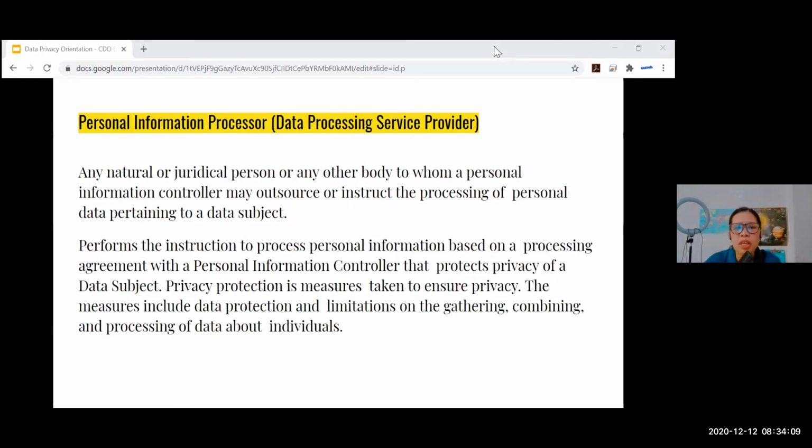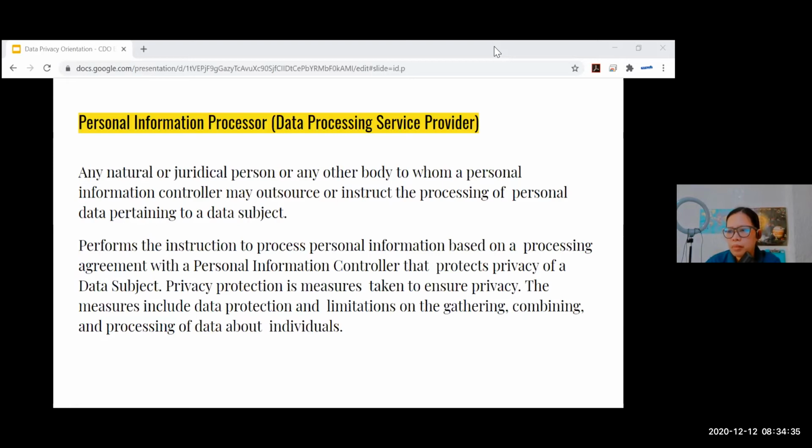So these are usually outsource companies. They just process the information. They have a different mission. The mission of the PIC differs from the mission of the PIP. Usually, it's part of their service, the PIP.